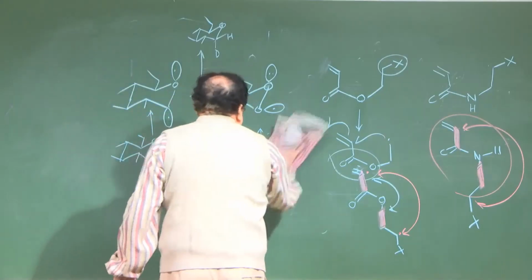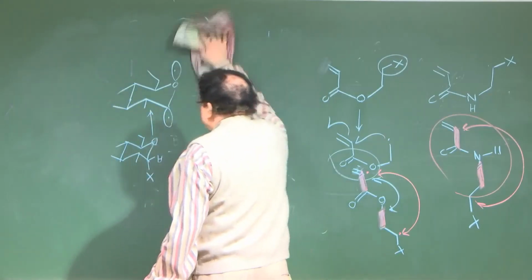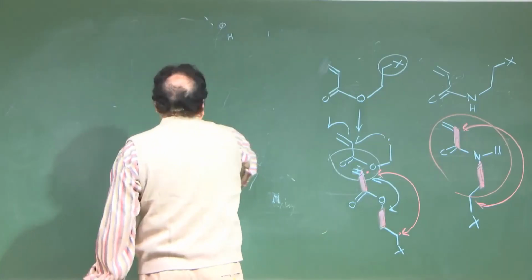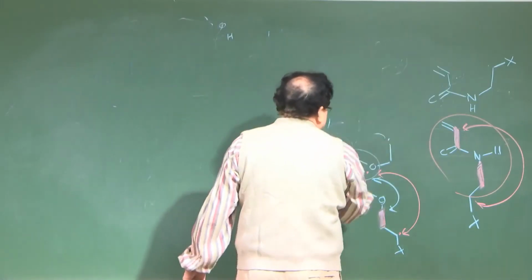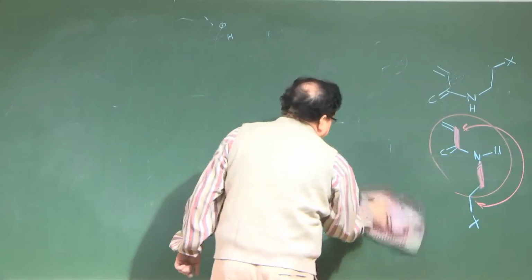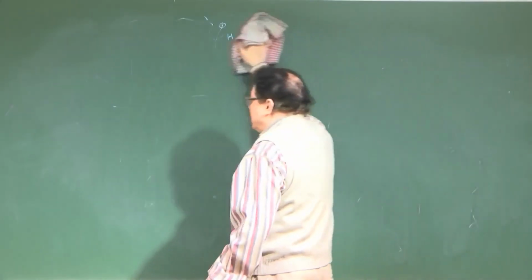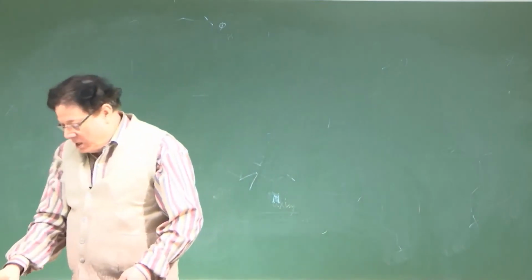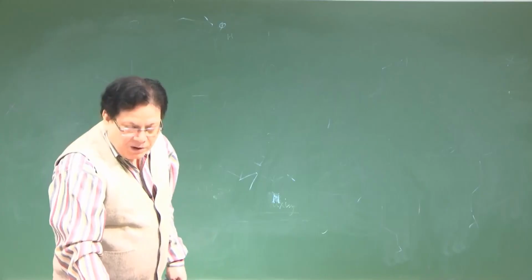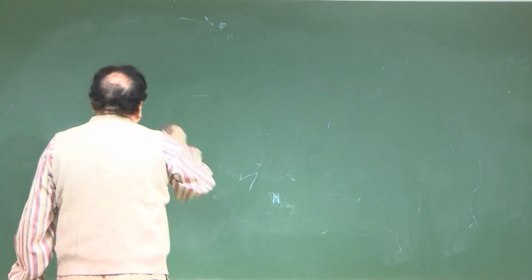We will discuss another one which is interesting in the sense that it has got a biological significance. The molecule that I will write now is a very important antibiotic.